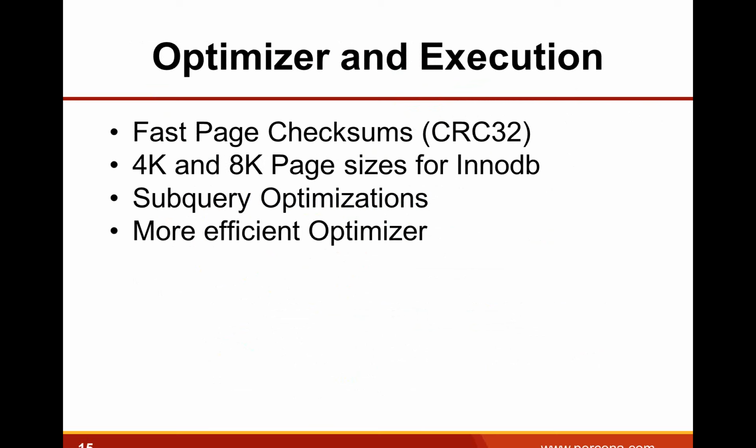Before MySQL 5.6, often we would look at a join of, for example, 60 tables or something like that, which some of our favorite ORM software could generate, and those queries could take a lot of time to be optimized. Often they could take longer to go through the optimizer stage than to actually be executed. In MySQL 5.6, the optimizer was cleaned up, and it now handles those cases a lot better, as well as some others.